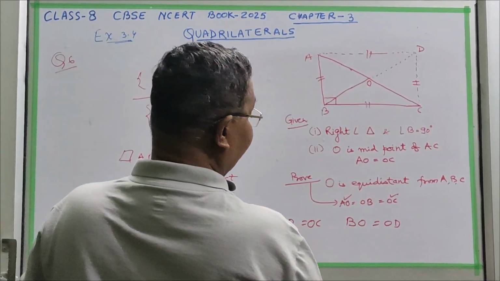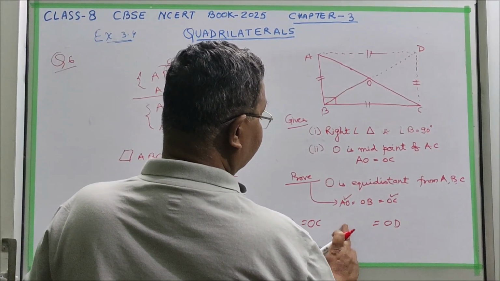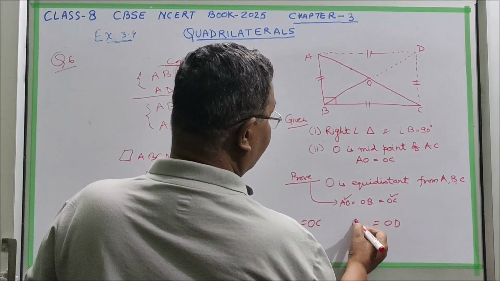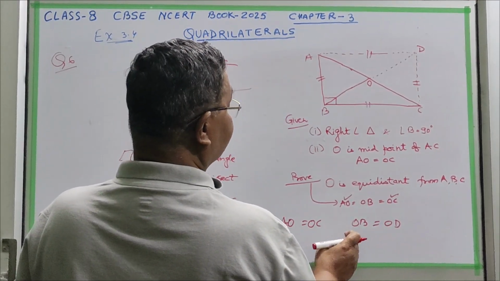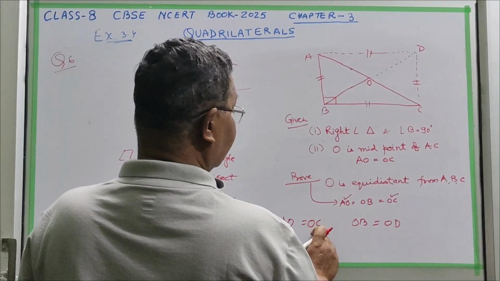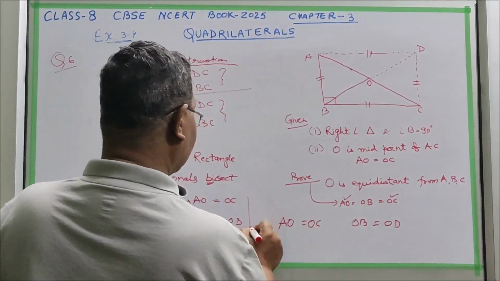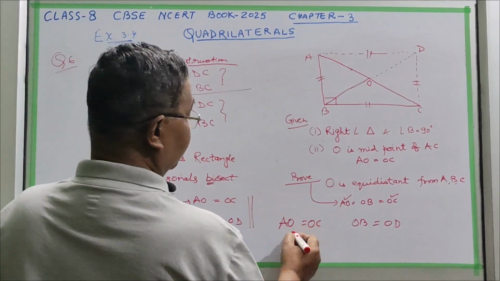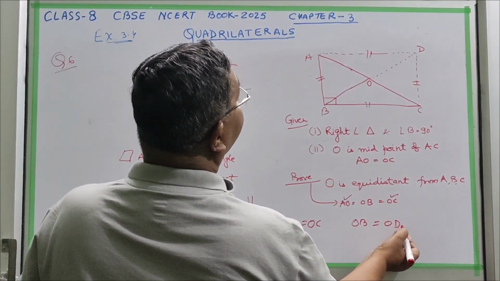So AO is equal to OB, and AO is equal to OC also. This proves AO equal to OC and OB equal to OD.